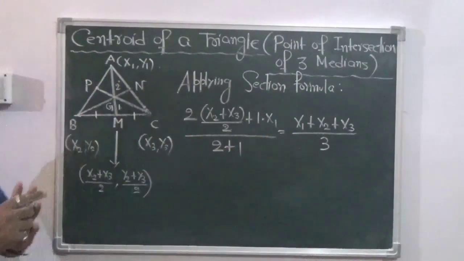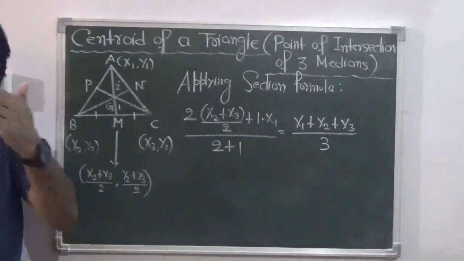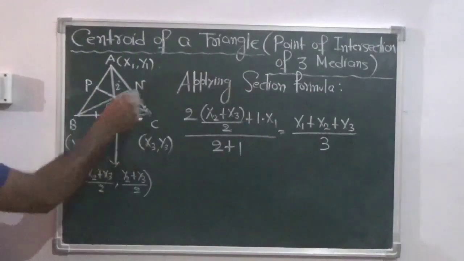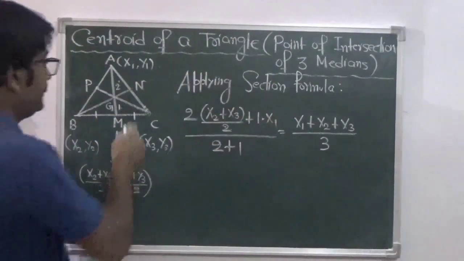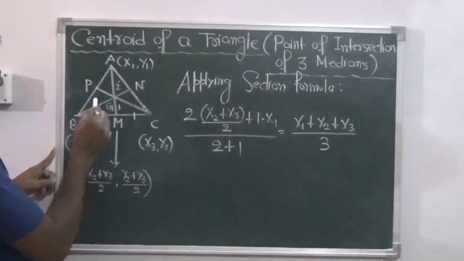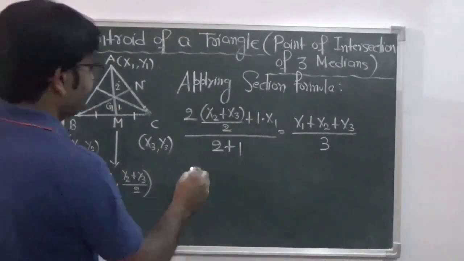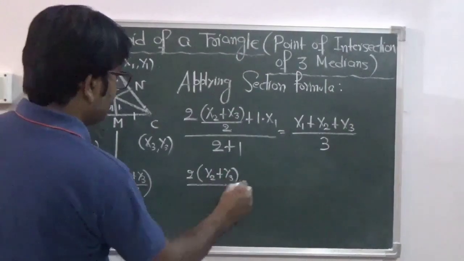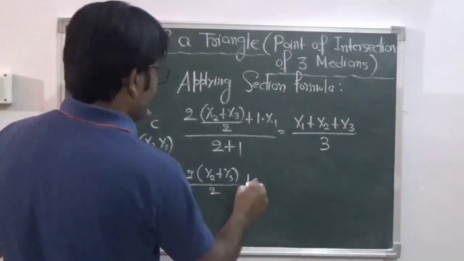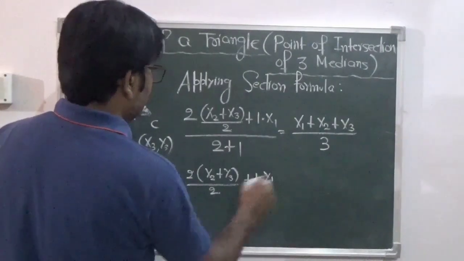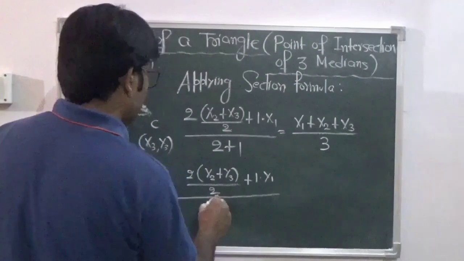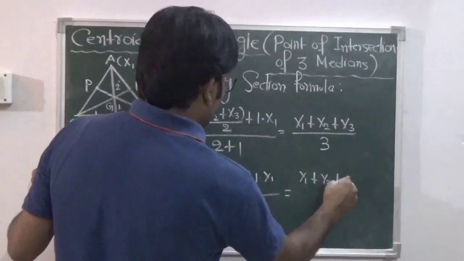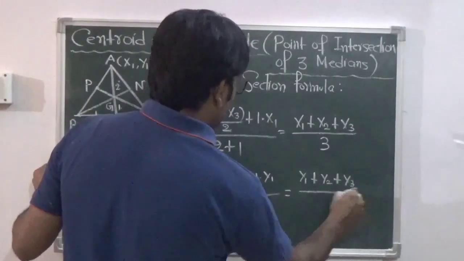Very simple it is. If you are given the 3 vertices of the triangle, the x coordinate for the centroid is simply (x1 plus x2 plus x3) by 3. Right? Similarly, if you go for the y coordinate, we have 2 into (y2 plus y3) by 2 plus 1 into y1, total divided by 2 plus 1, and that is equal to (y1 plus y2 plus y3) by 3.